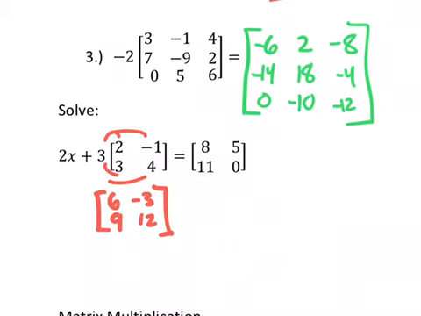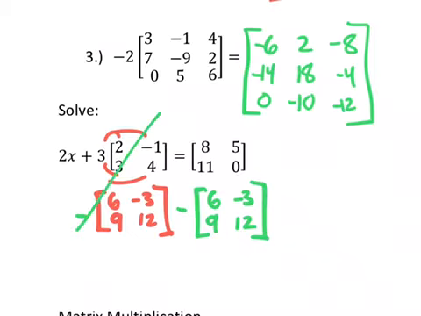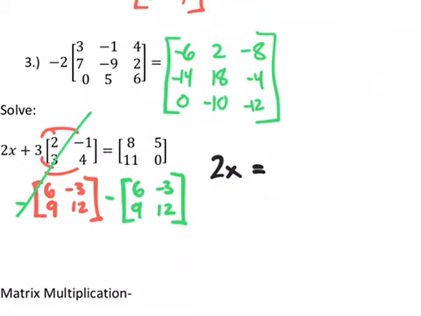Okay? So really if I just subtract that matrix from both sides, that's going to get us closer to our solution here. Okay, so these would cross off. And now we'd have 2 times some matrix x is equal to what we get when I take this matrix and subtract that.